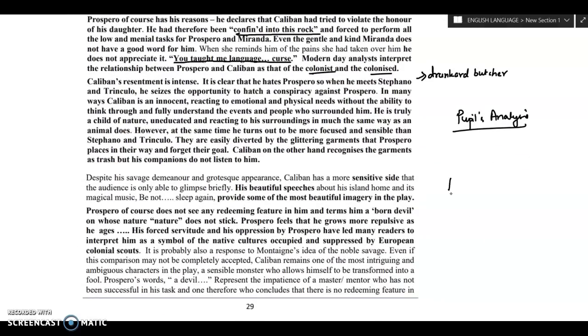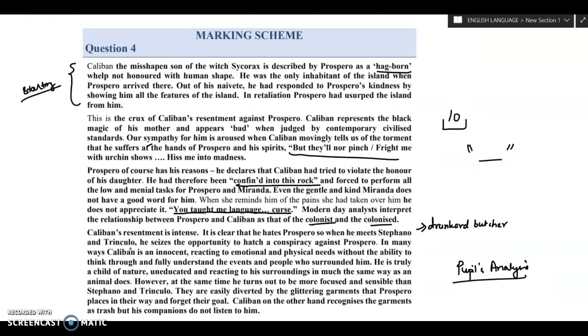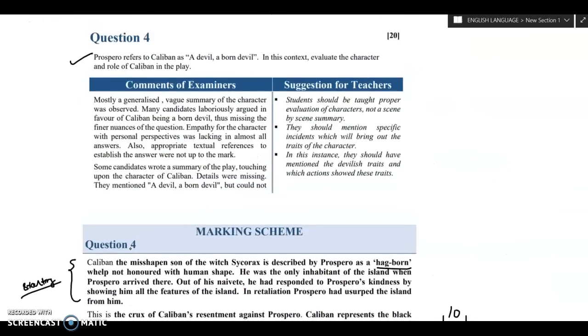And I would ask you to revise, paraphrase, and know the meanings of all these sentences that are difficult to interpret, right? So you can see here it is written: his forced servitude and his oppression by Prospero have led many readers to interpret him as the symbol of native cultures occupied and suppressed by European colonial forces. See, in the question it's said you have to evaluate the character and role of Caliban.